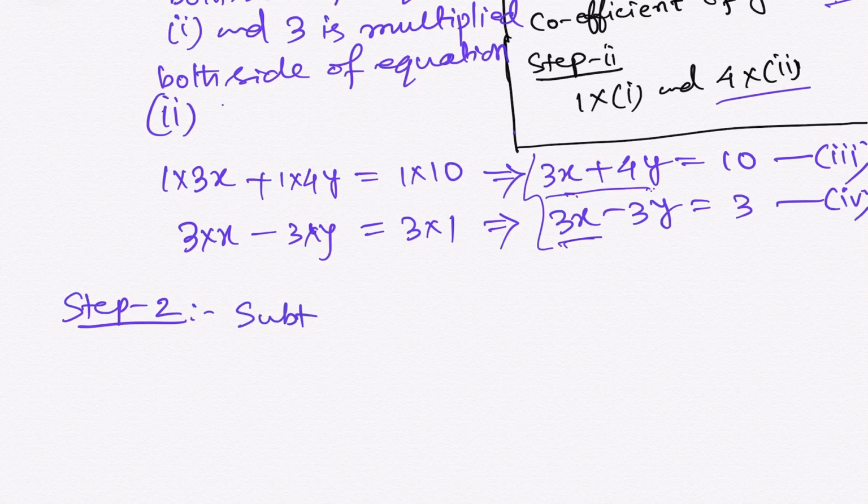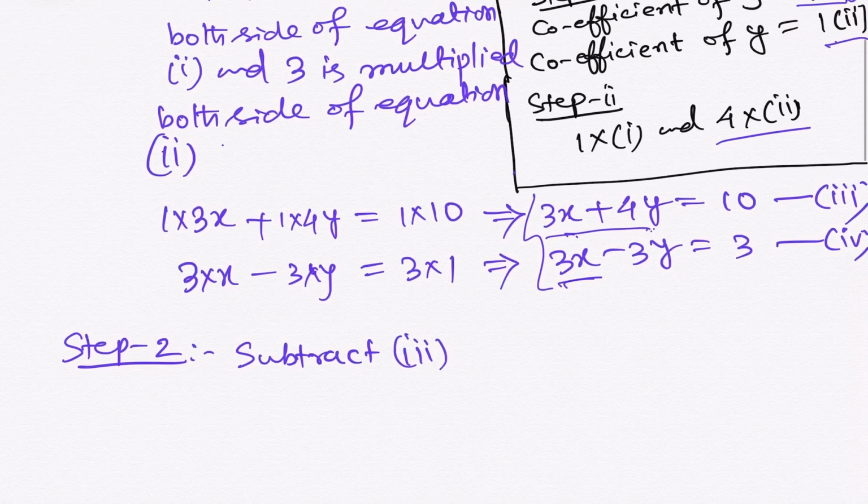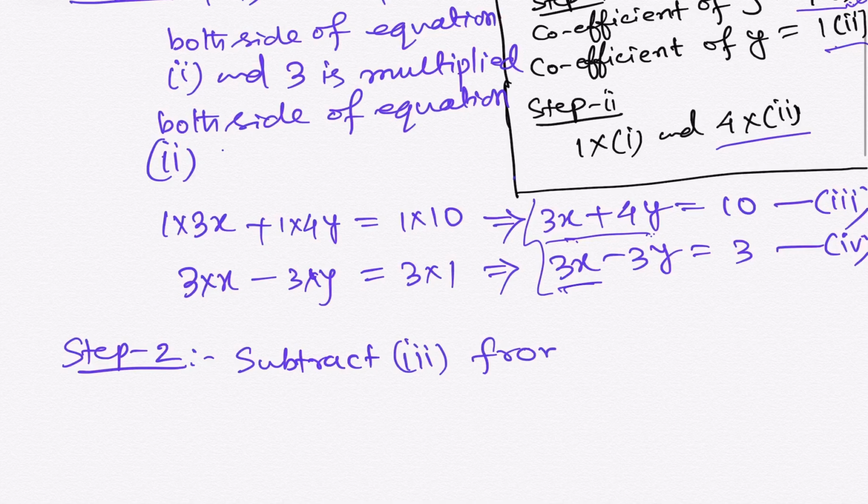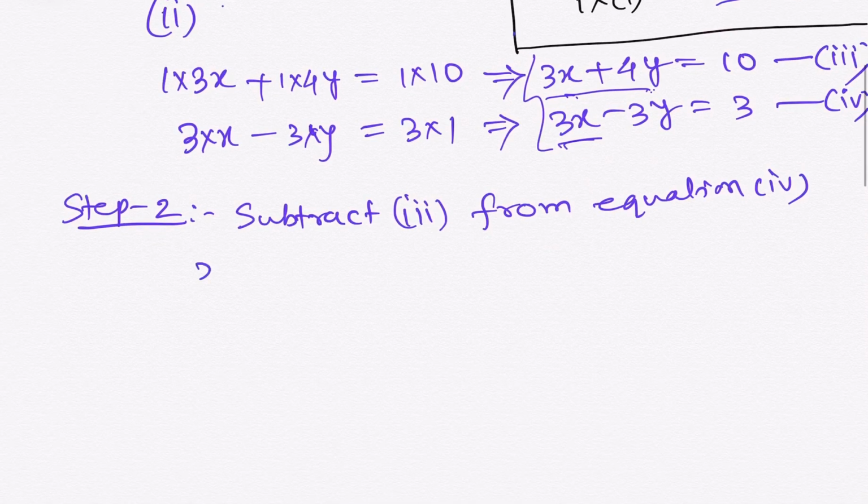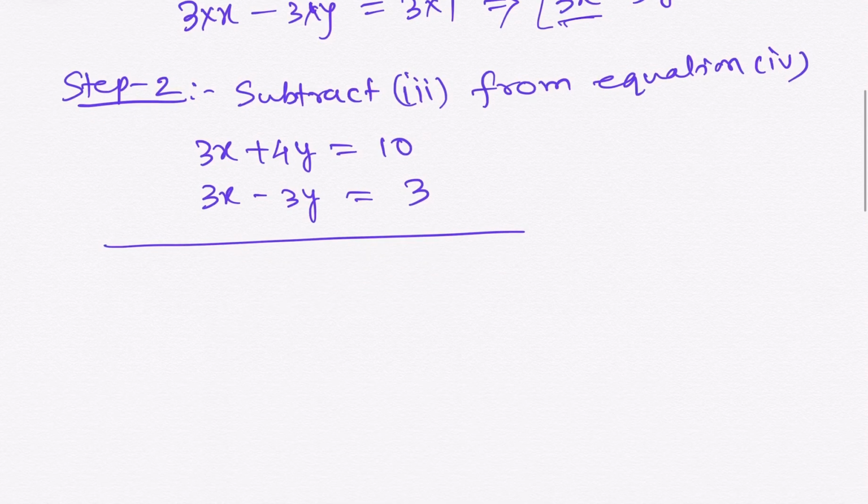So now subtract equation 3 from equation 4. Here 3x plus 4y equals 10, and the second equation is 3x minus 3y equals 3. Subtracting, minus plus minus.